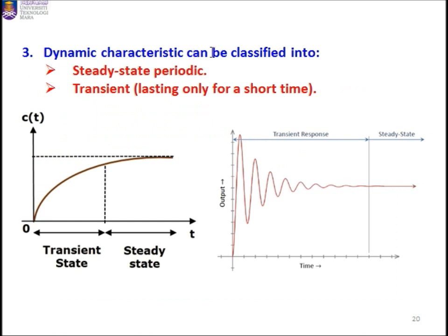Next, dynamic characteristic can be classified into steady state, periodic, and transient, where transient is lasting only for a short time. This phase is transient, before it becomes steady state.